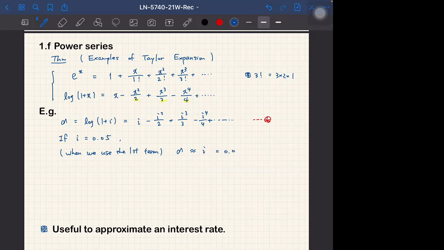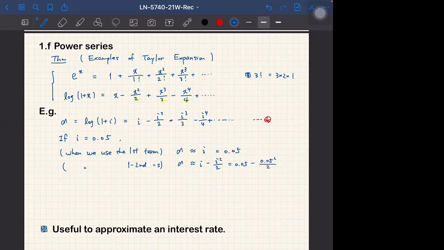But if we use the first and the second term, then delta is approximately equal to i minus i squared over 2. That is 0.05 minus 0.05 squared over 2.